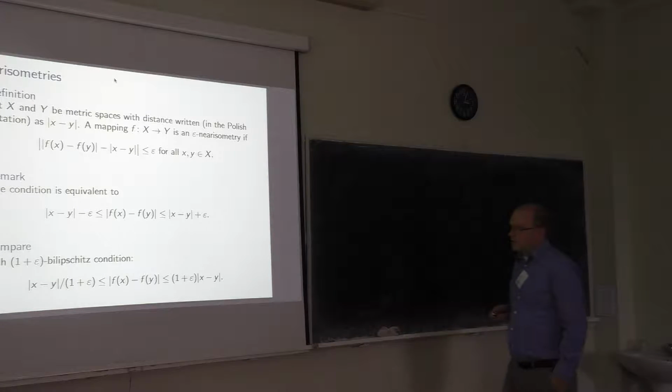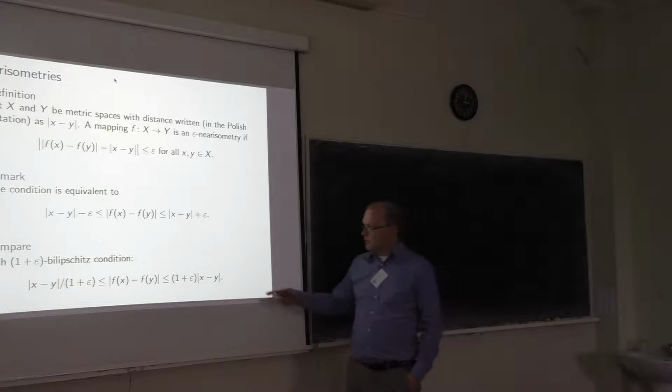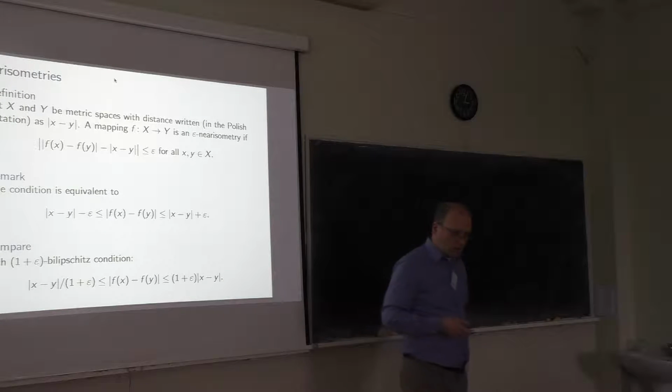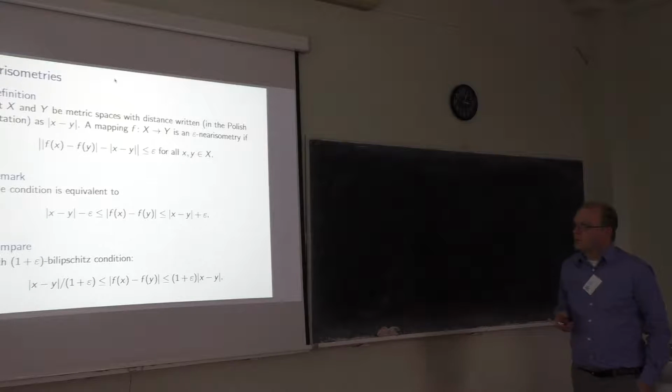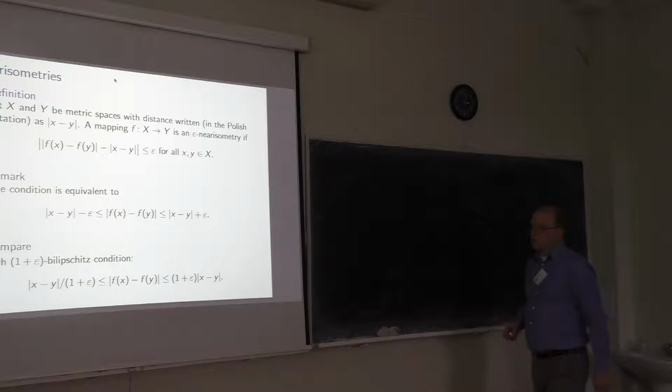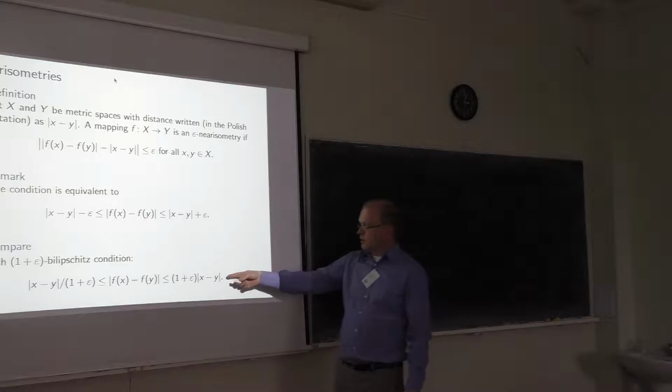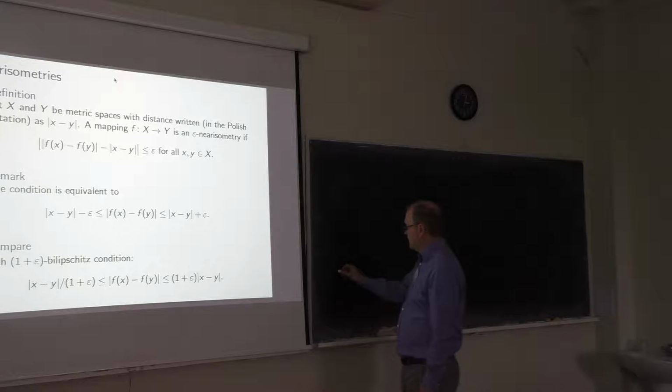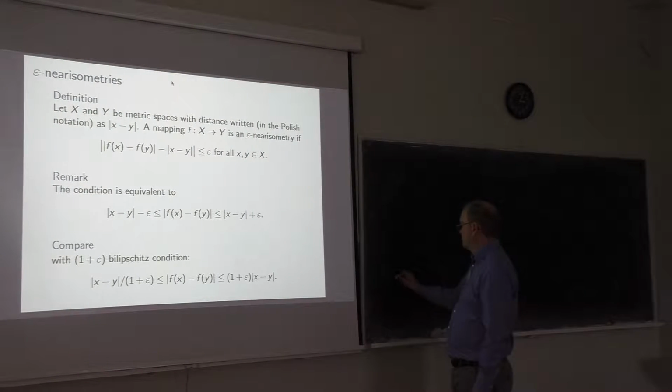And the second condition, the bi-Lipschitz condition, need not be 1 plus epsilon bi-Lipschitz, but this will be the case during the whole of this talk. These two conditions are closely related because this condition implies the near isometric condition.